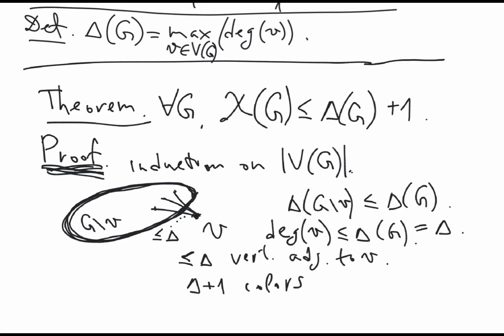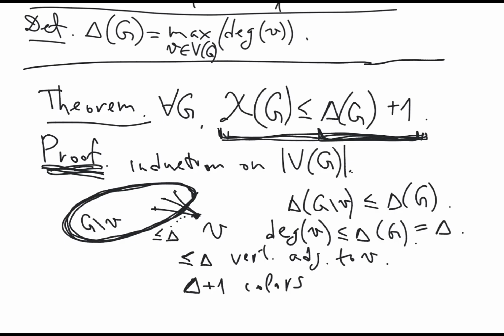We need to color the graph into delta plus 1 colors because the chromatic number is less or equal than delta plus 1, which exactly means that the graph G is properly colorable into this number of colors. So we have delta plus 1 colors.